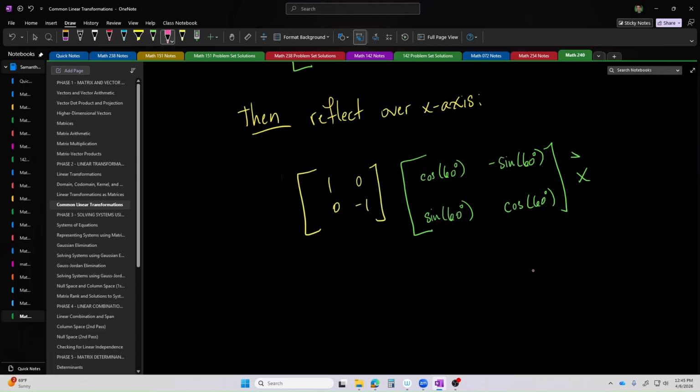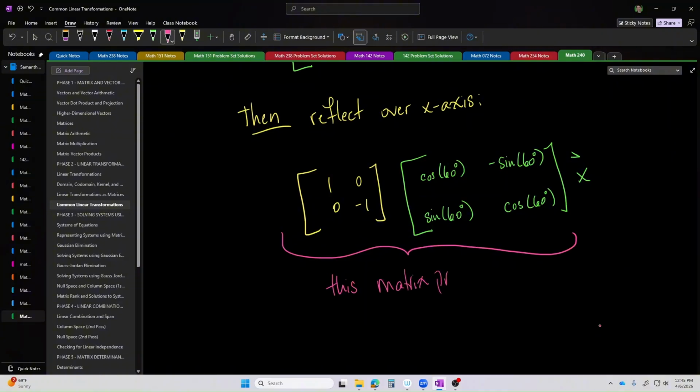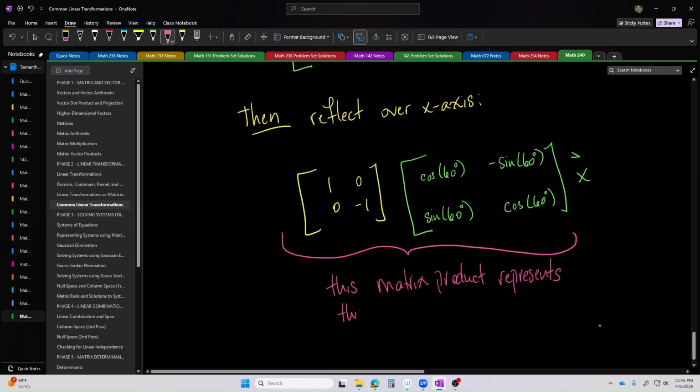So all of this is to say that this matrix product represents this combination of these two actions in sequence.